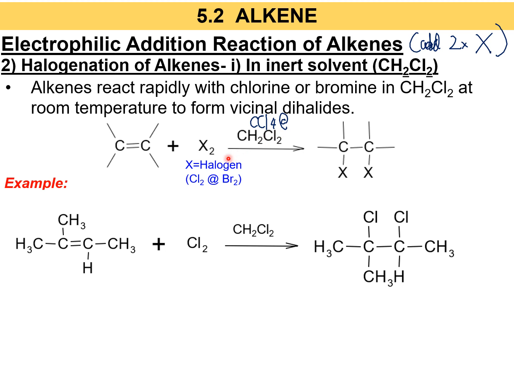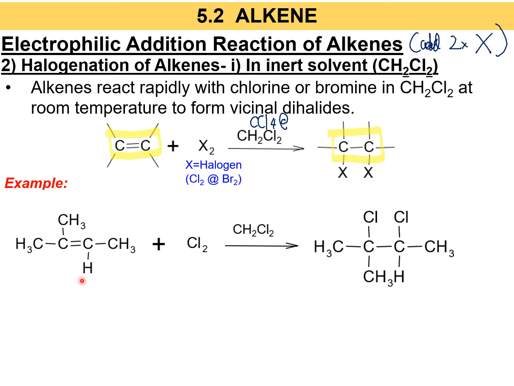So basically kalau halogenation in inert solvent senang sikit because you just need to add dua halogen at each of these carbon double bond punya carbon atoms. Okay, so daripada carbon double bond ni jadi carbon single bond because you add satu halogen at this carbon atom and satu lagi halogen at this carbon atom. Okay, so you add dua halogen lah, faham?